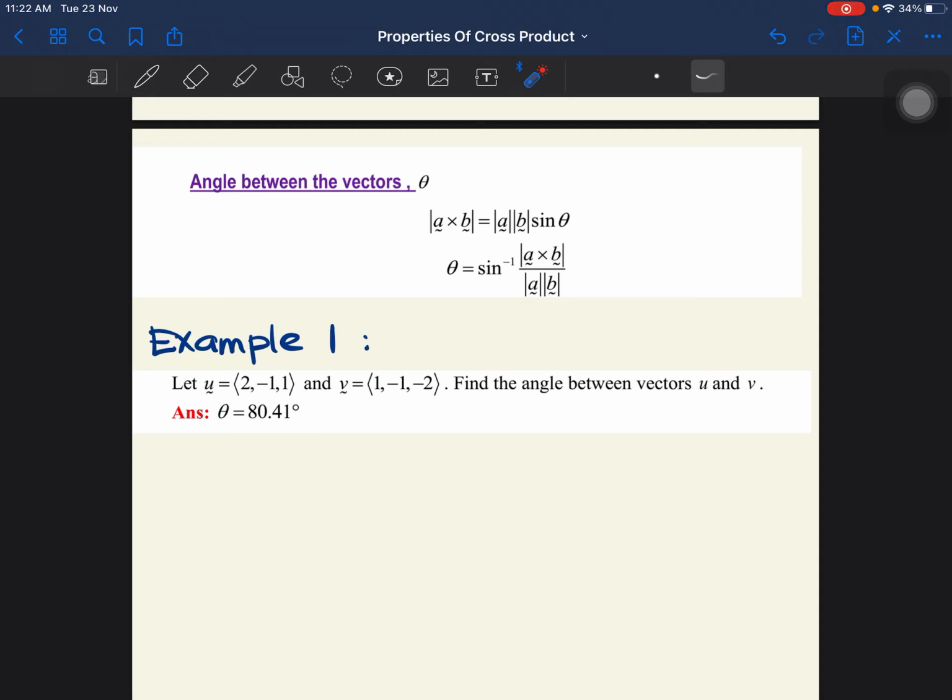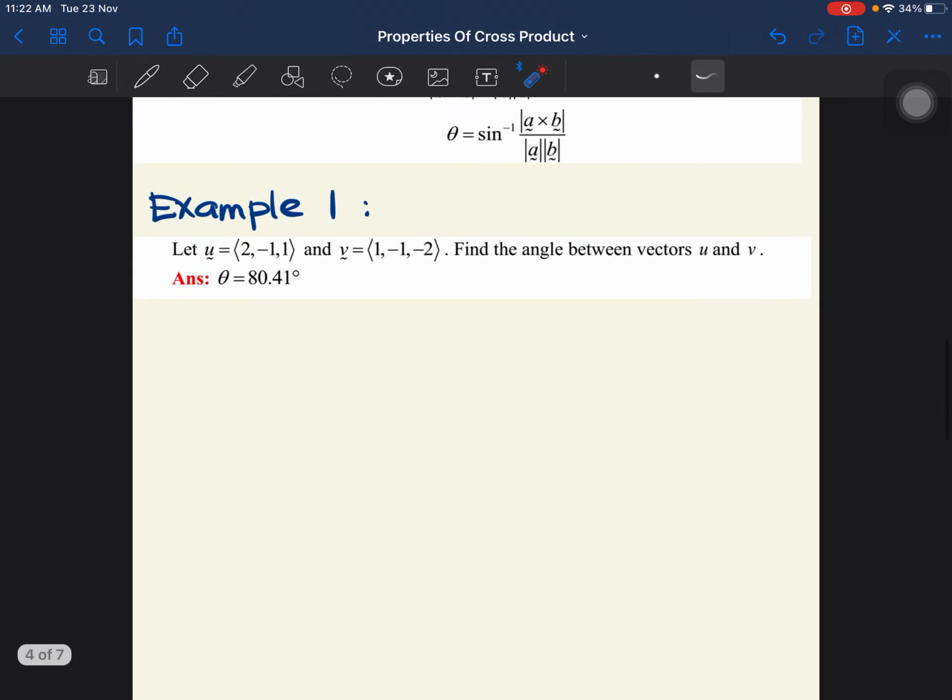If the question is very straightforward, you are given two vectors, find the angle, it's up to you. Either you want to use the dot product, same as the previous video, or you want to apply the cross product. As for me, I prefer the dot product. It is much easier compared to the cross product, so I used it in the previous video on how to find the angle between vectors.